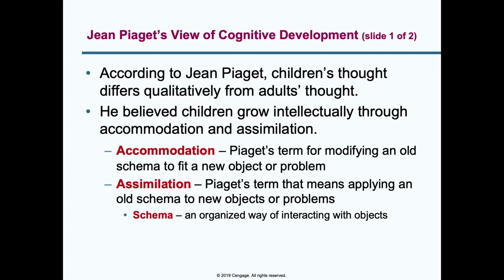Then once they do that and everything seems good again, that's called equilibration, meaning we're back to this equilibrium of feeling like, okay, I found a new spot for this information. Okay, those are two very important terms in Piaget's theory that we do need to keep in mind.